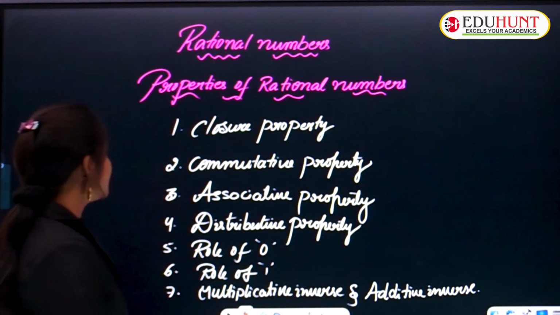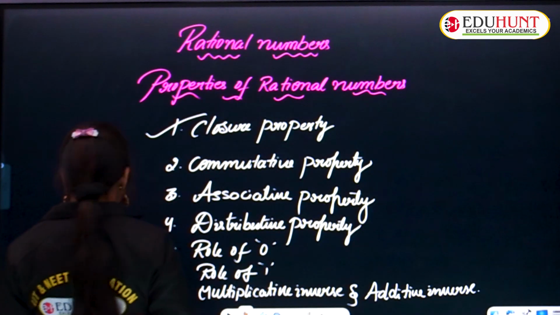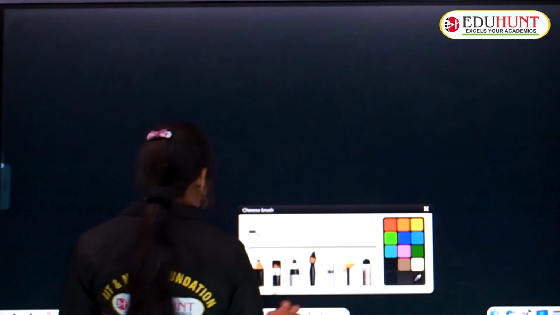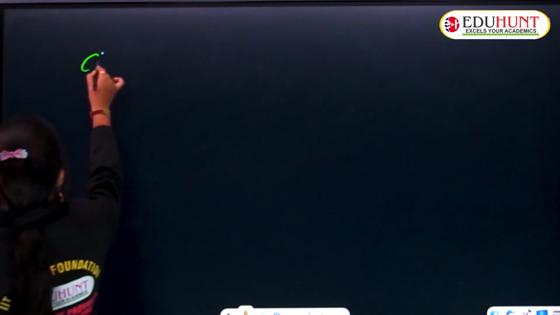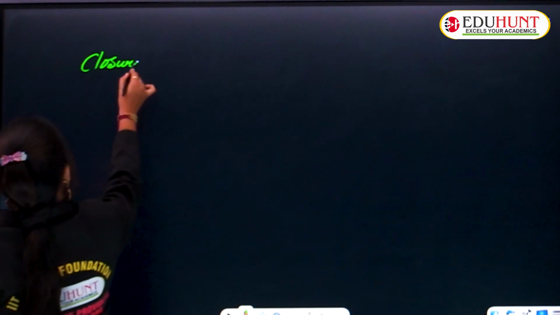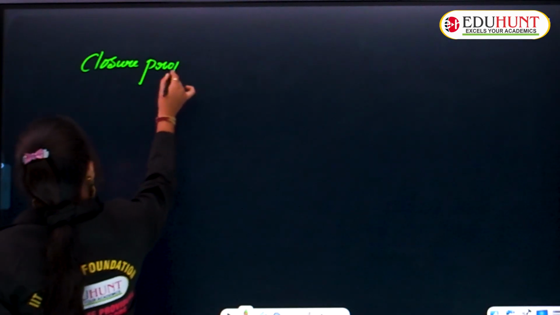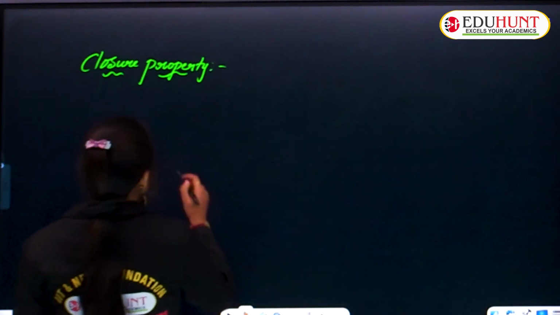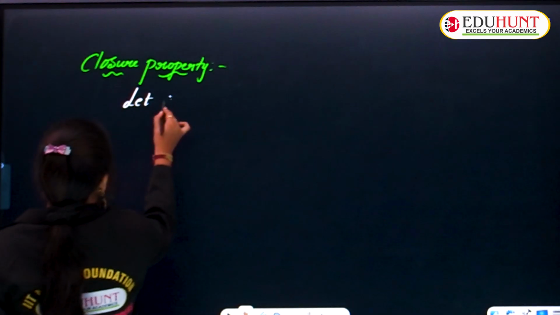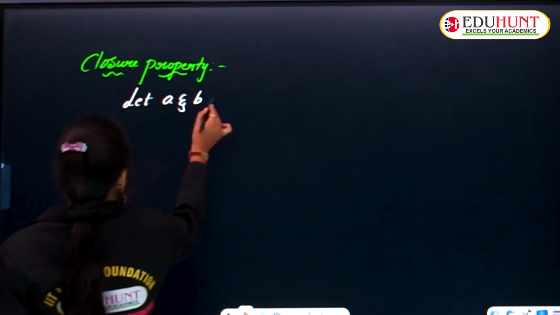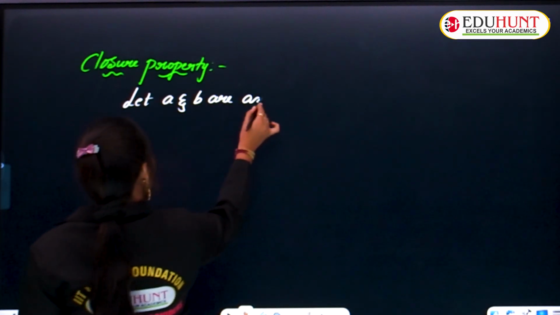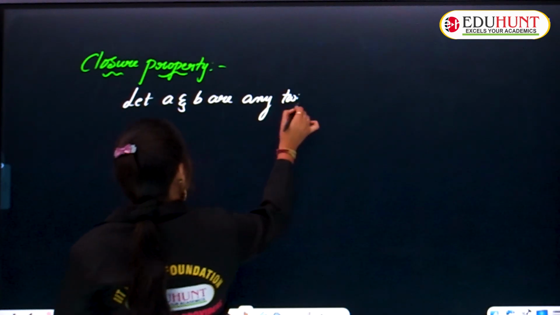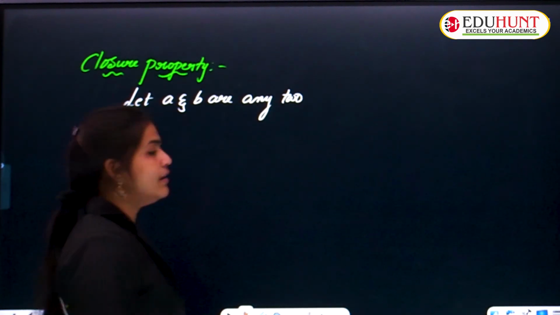Okay? Let us see the first property, closure property. What does closure property tell us? Let A and B be any two rational numbers.